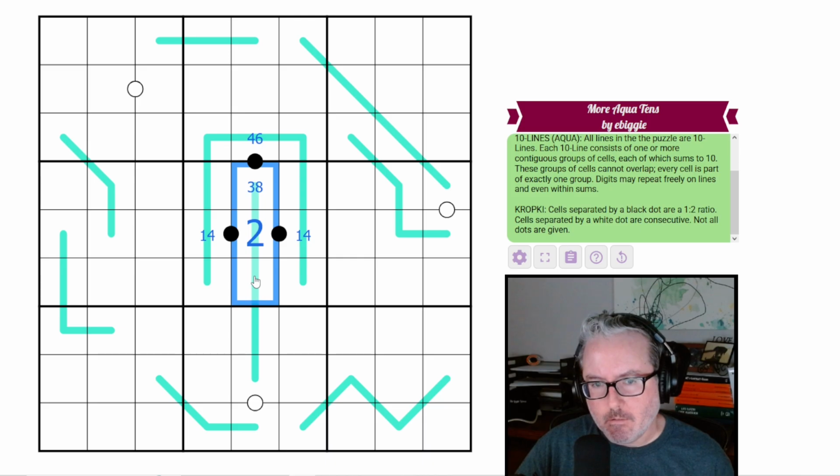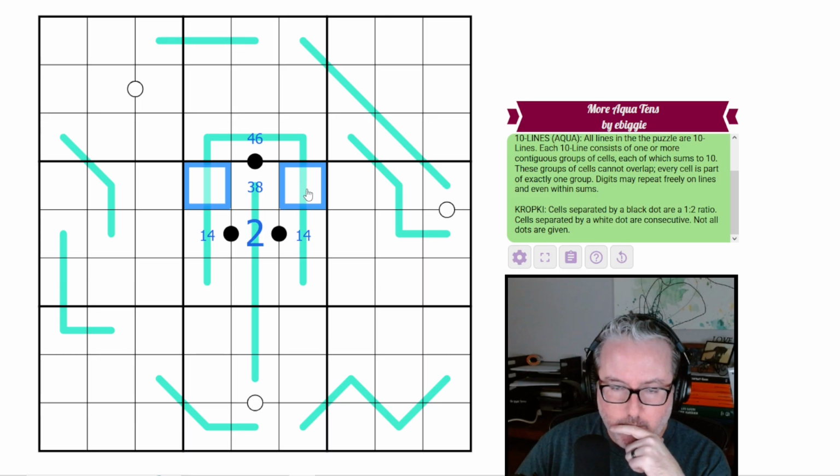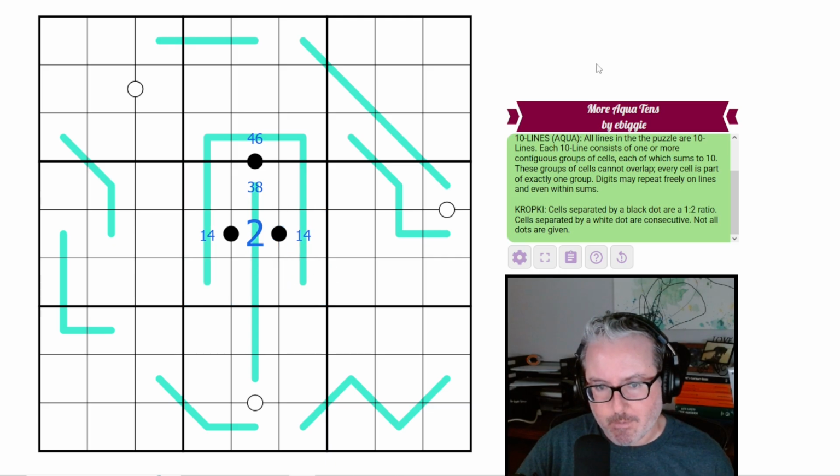Because if this was all 3 adding up to the 10, these guys here would have to be 35. Which you could do, but you'd have to have 2 10s, and then these two would add to 15 in some way, which is very possible. It would have to be that very specific grouping.